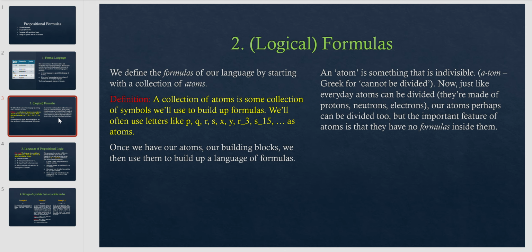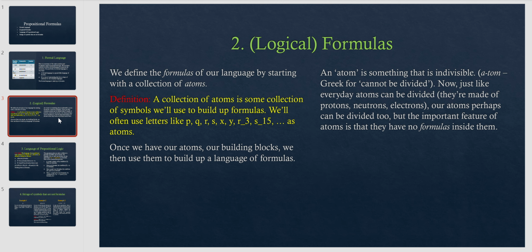How can we analyze this subtopic? We define the formulas of our language by starting with a collection of atoms. And our definition can be stated in the following way. A collection of atoms is some collection of symbols we will use to build up formulas.